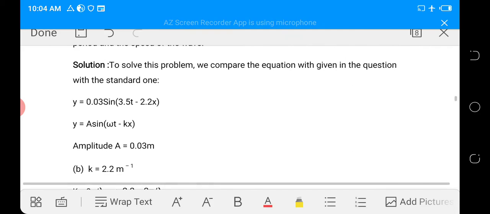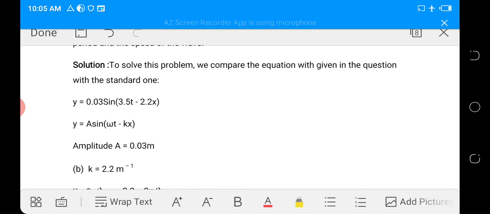Solution. To solve this problem, we compare the equation given to us in the question with the standard equation. The first equation written is the equation given to us from the question. If you look at the equation given to us, in the bracket they wrote t before x.